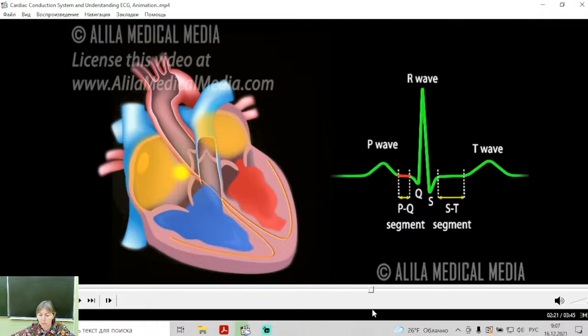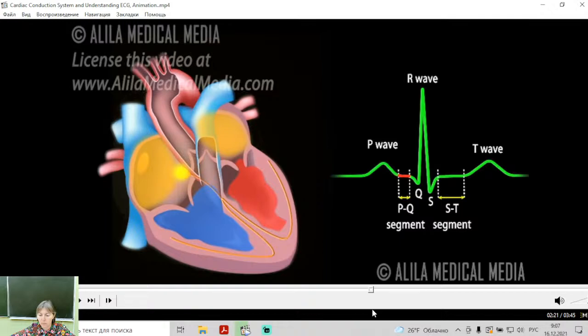R wave is produced by depolarization of the main mass of the ventricles. S wave represents the last phase of ventricular depolarization at the base of the heart. Atrial repolarization also occurs during this time, but the signal is obscured by the large QRS complex.